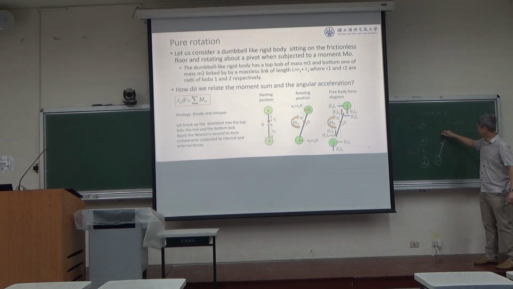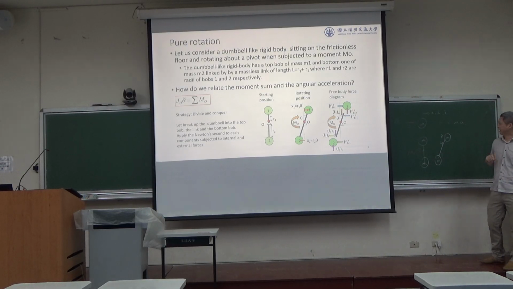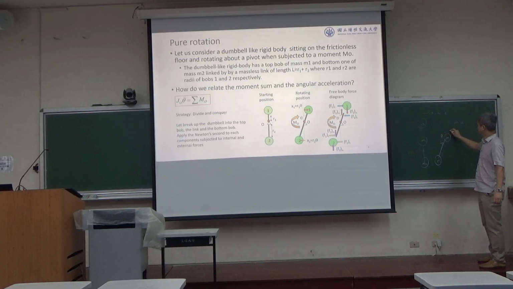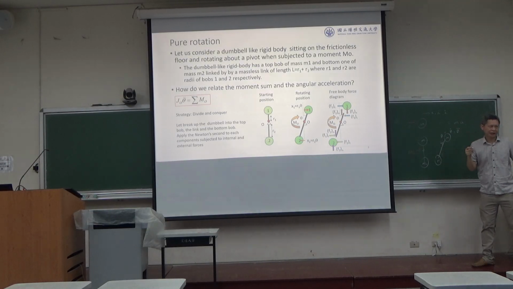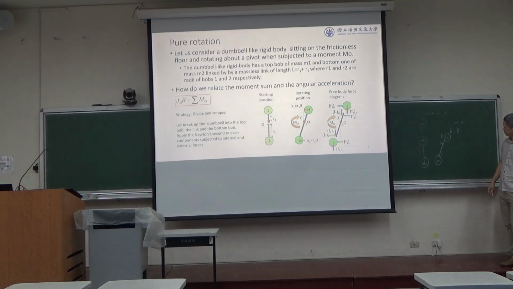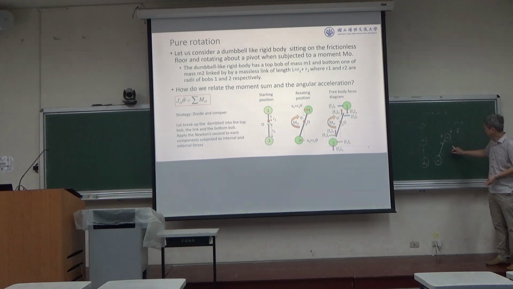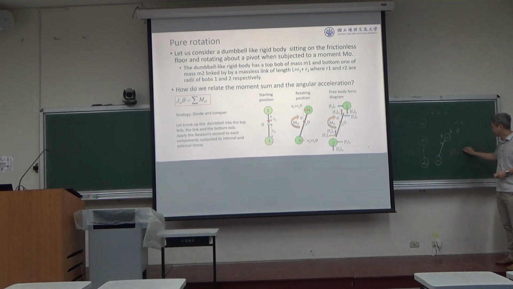To describe this, you have the angle theta, as well as theta dot, the angular speed, and theta double dot, the angular acceleration. So what should you write? If you have a moment applied to that, then there must be a moment induced, J naught theta double dot.